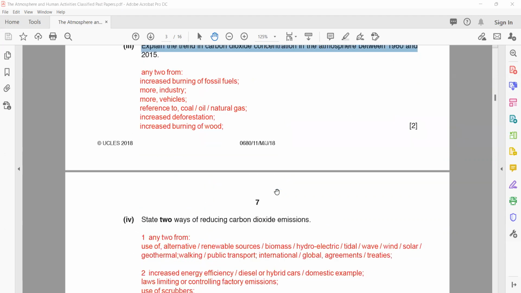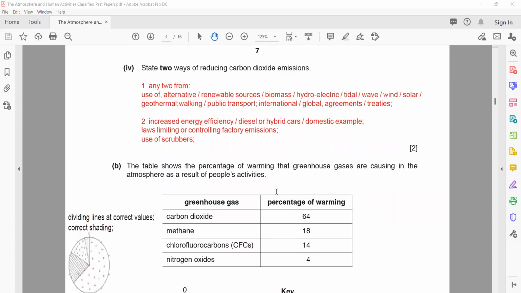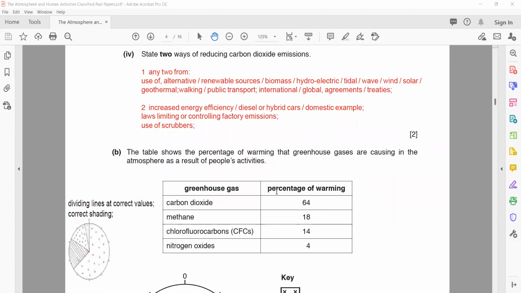Okay. After that, they're saying state two ways of reducing carbon dioxide emission. So very simple, use alternative renewable energy resources where you cannot produce carbon dioxide. You can use biomass, hydroelectric, tidal wave, solar, geothermal.